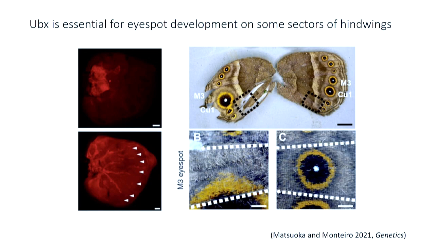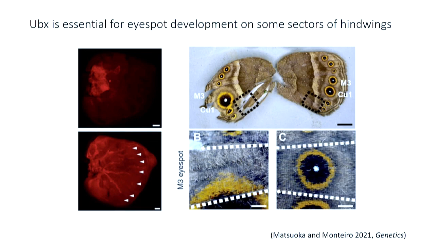And what we observed was what we typically observe with UBX transformations, which is you get forewing identity being present in the hindwing. So this wing is a mosaic, just like Arnaud has shown you. We are looking at a mosaic individual where not all cells are UBX negative.